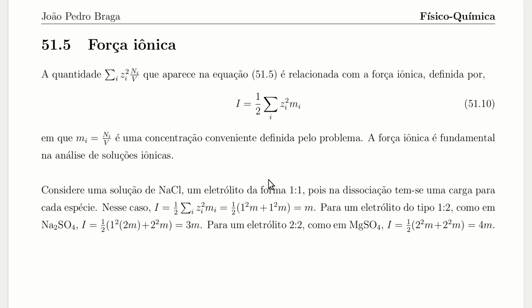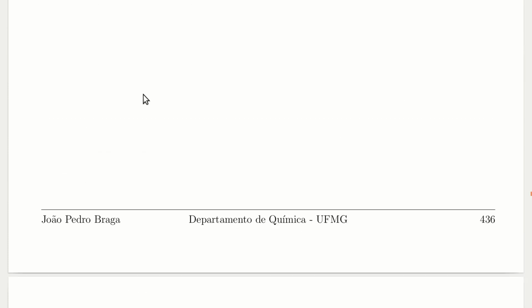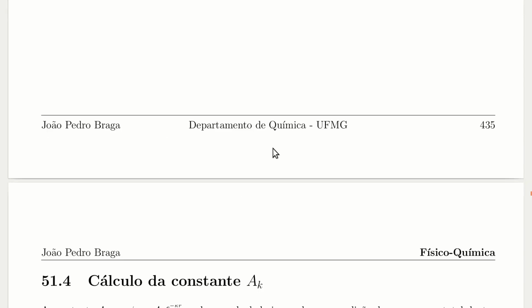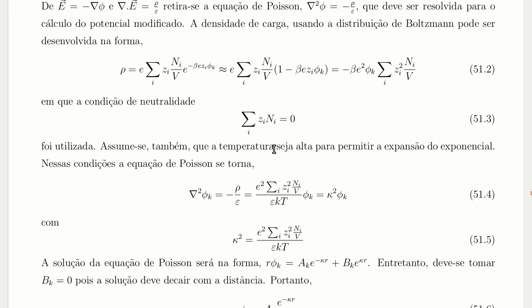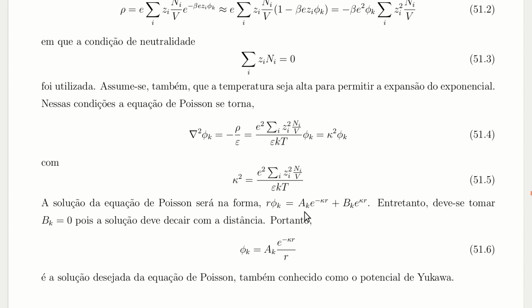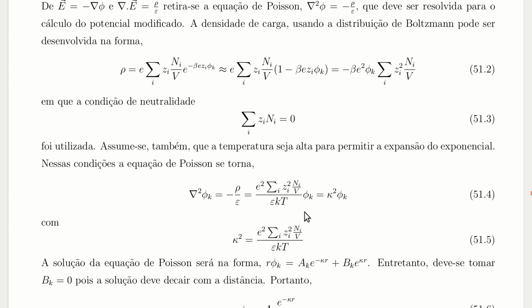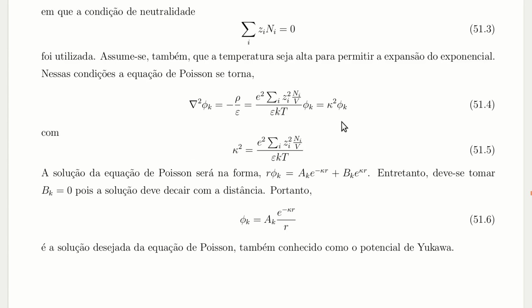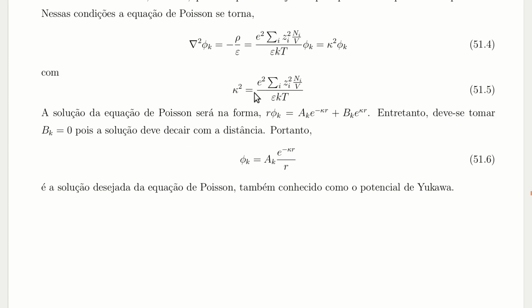To proceed with our analysis of the Debye-Hückel theory, we have to quantify two quantities. One is the ionic strength that already appeared in the proof of the potential under this cloud. This quantity here is related to the ionic strength, and the other one is the Debye radius, which is related to kappa.